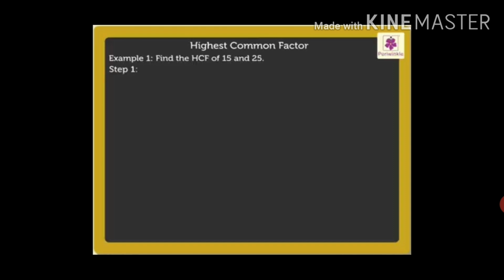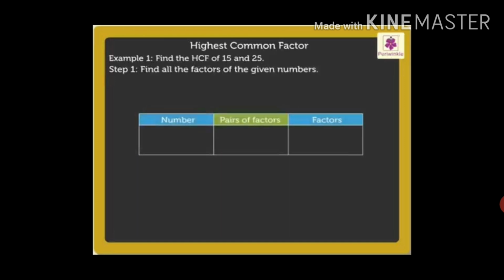Step 1. Find all the factors of the given numbers. Here, the pairs of factors of number 15 are 1 into 15 is equal to 15, 3 into 5 is equal to 15. Thus, the factors of 15 are 1, 3, 5 and 15.